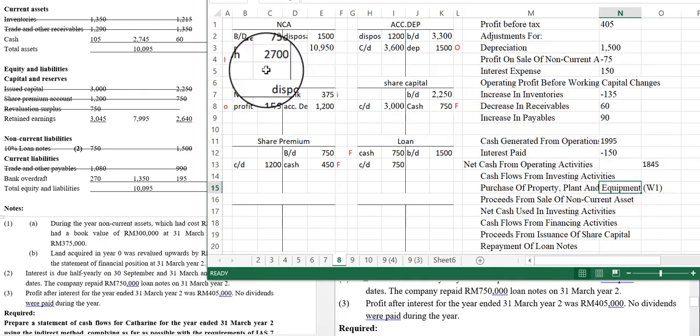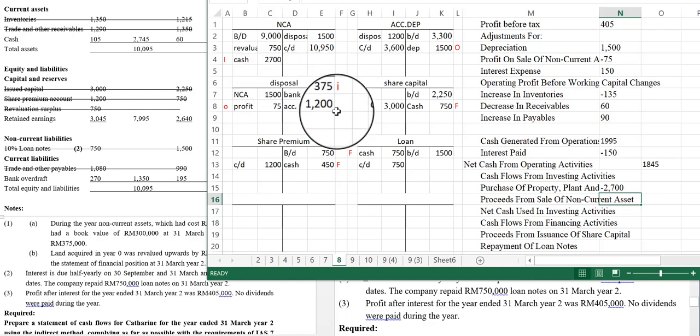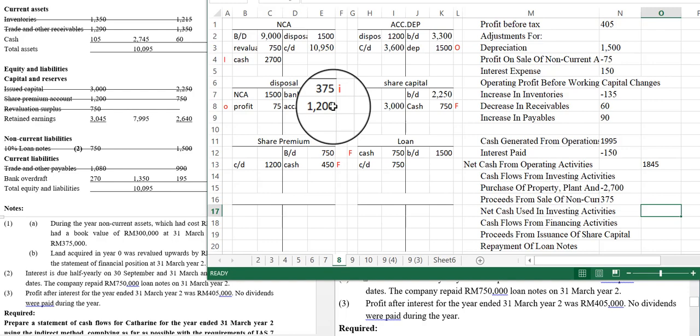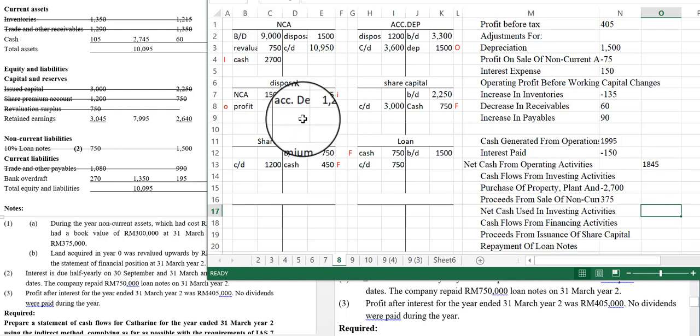If you refer to here, this is your purchase amount, so in total you have 2007. Since you purchase, your money goes out. Next is proceeds from sales of non-current asset, meaning how much you receive when you sell your non-current asset. You receive 375. So at the end, in total, you have actually spent 2,325, net cash outflow.